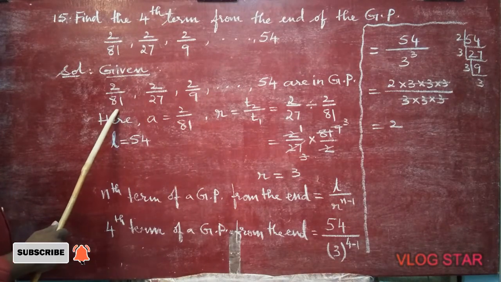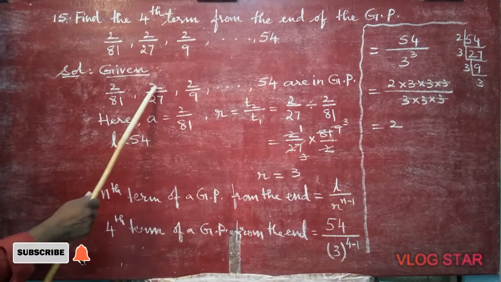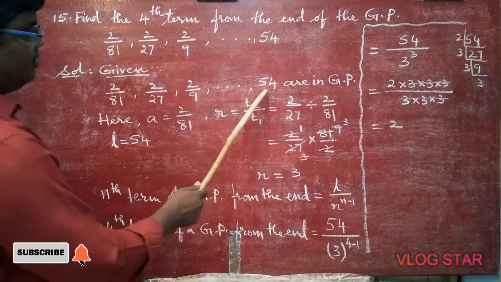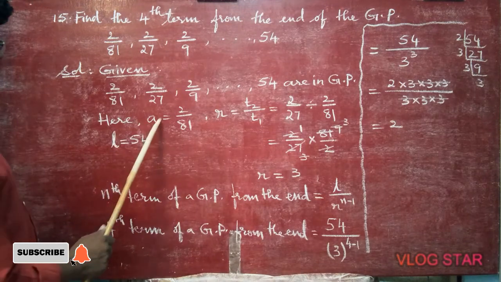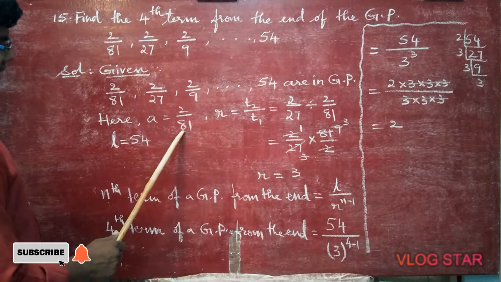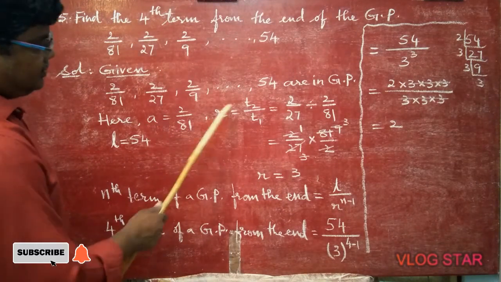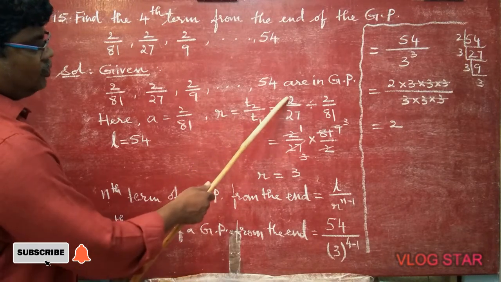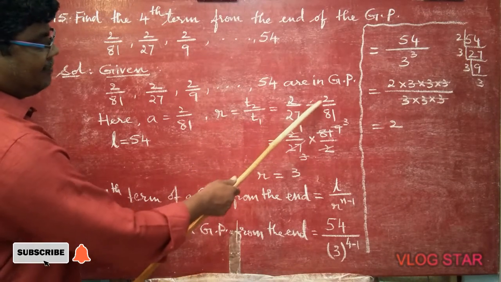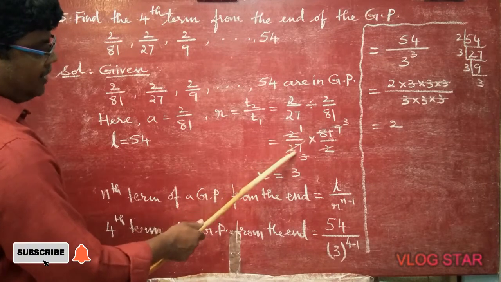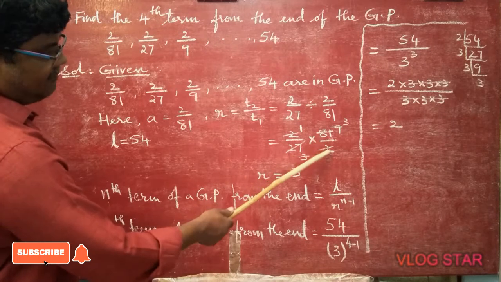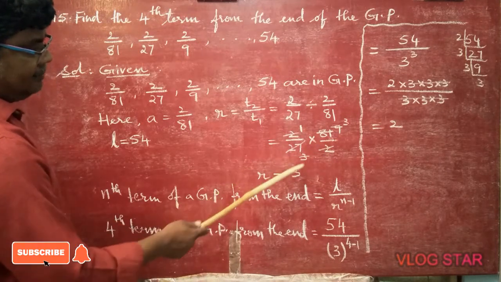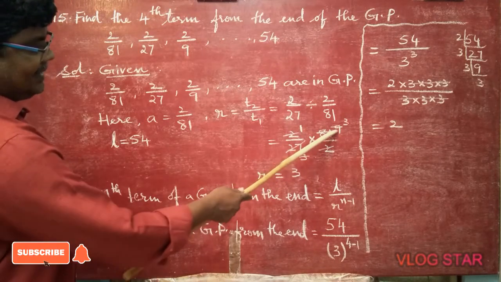The given sequence 2 by 81, 2 by 27, 2 by 9, and so on, 54 are in GP. Here A, the first term T1, is 2 by 81. R, the common ratio, is T2 by T1, which is equal to 2 by 27 divided by 2 by 81. 2 by 27, division changing into multiplication, reciprocal 81 by 2. 2 goes into 2 one time, 9 3s are 27, 9 9s are 81.